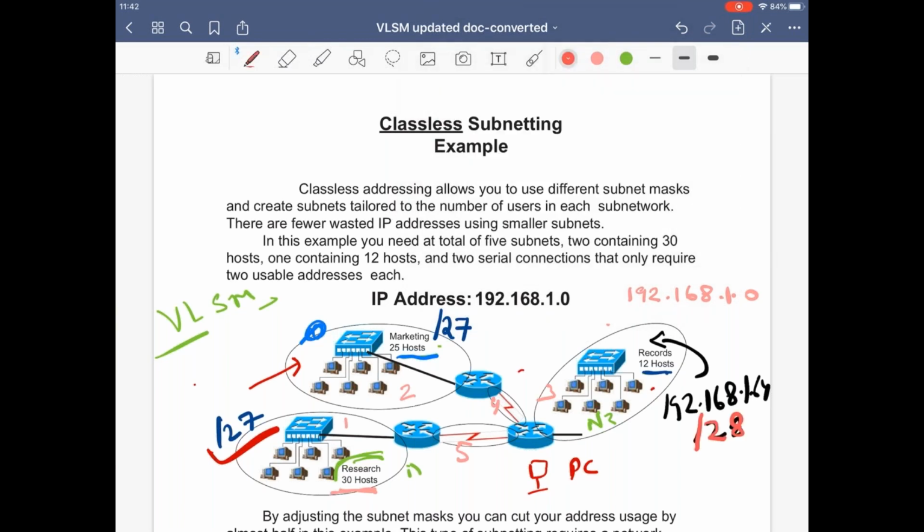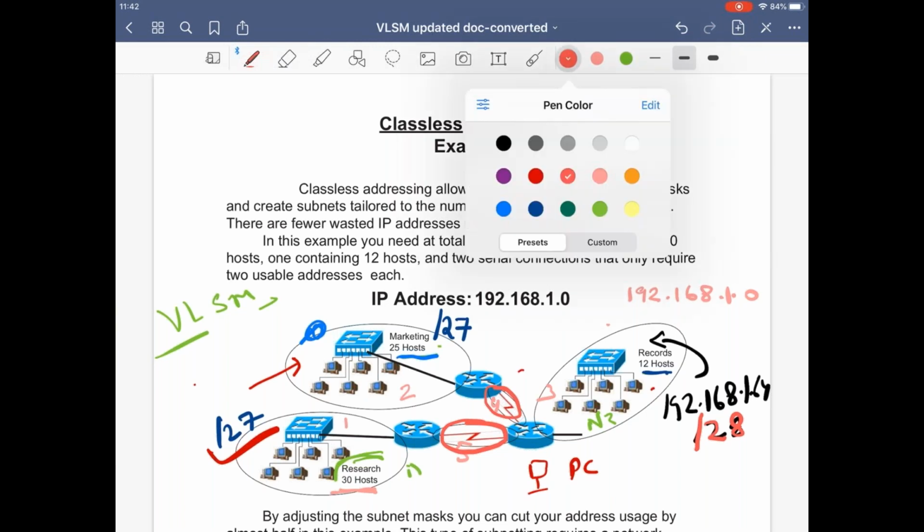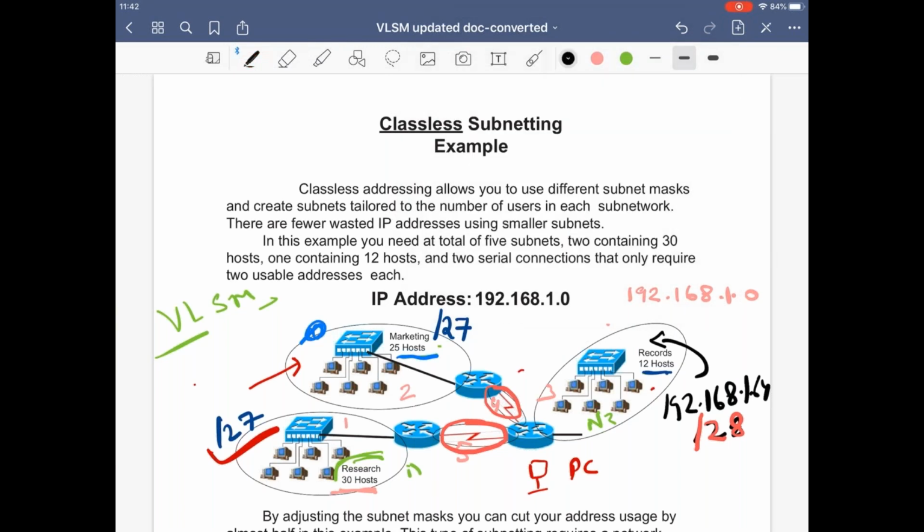Now we will work on these remaining two networks, and here we need only two hosts. One for this interface, one for this interface. Host means IP address also, right?